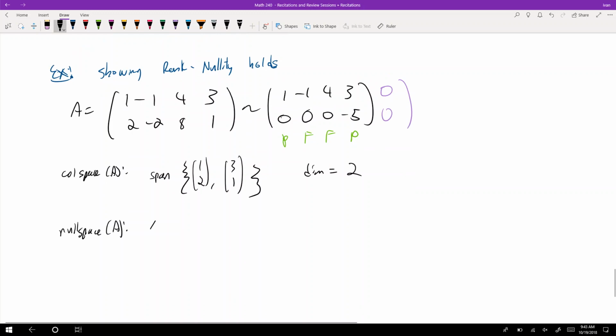Okay, so we know that x4 is equal to 0 because that's what the last row tells me. And then the first row tells me that x1 minus x2 plus 4x3 plus 3x4 is equal to 0. But we have some free variables, namely x2 and x3. And so let's say x3 is equal to t, x2 is equal to s.